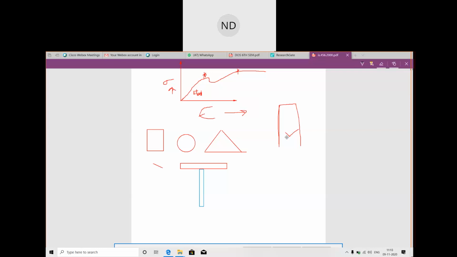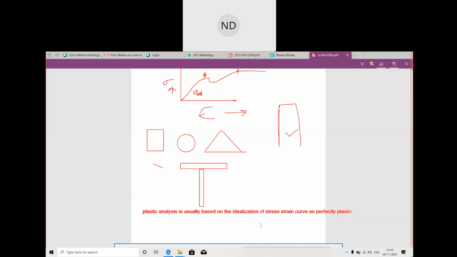What are the basics of plastic analysis? If I can simply type here for you: the basics of plastic analysis is usually based on the idealization of the stress strain curve as perfectly plastic.